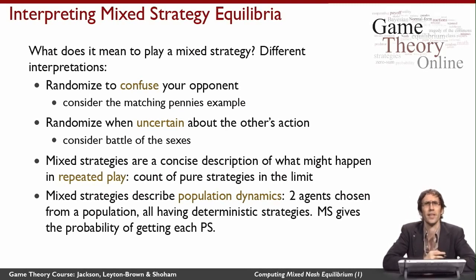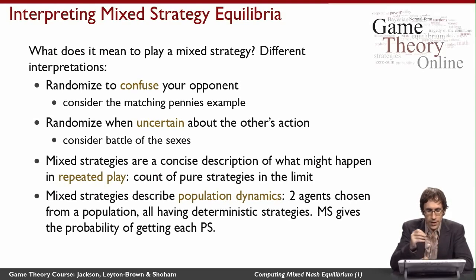But that doesn't really describe what just happened in the Battle of the Sexes example that we just played. Here, the other player and I want to coordinate. The situation where we both end up in different places, where one of us goes to the football game and the other goes to the ballet, is an unhappy thing for both of us. What we both prefer is that we're both in the same place. And the only strategic element of the game comes from the fact that we have different preferences about our most preferred activity.